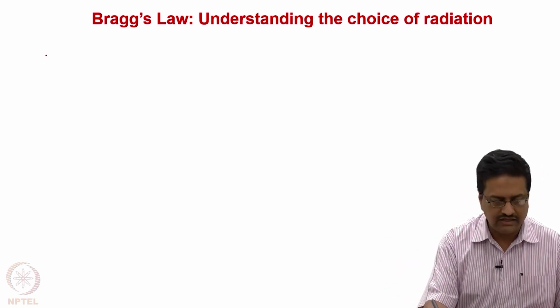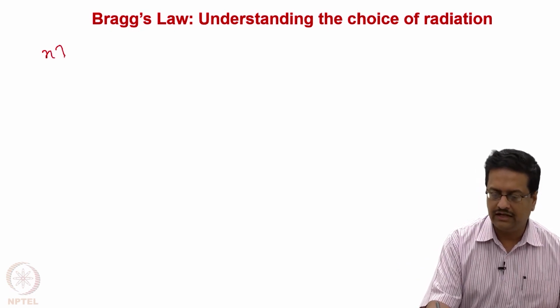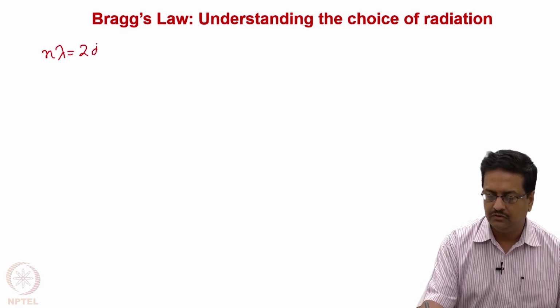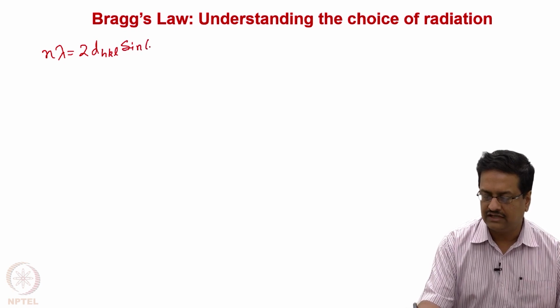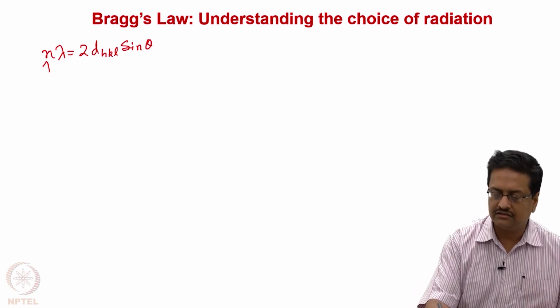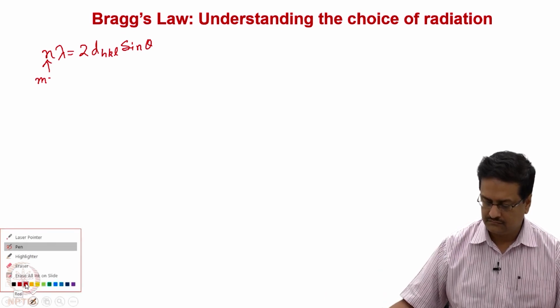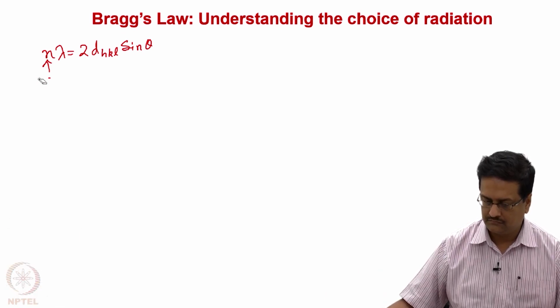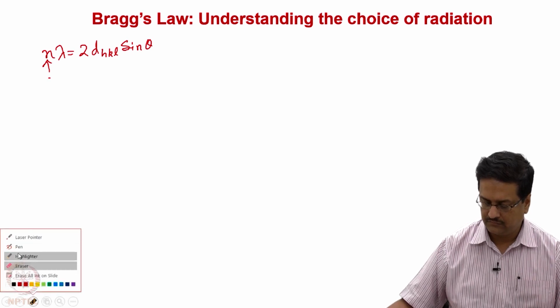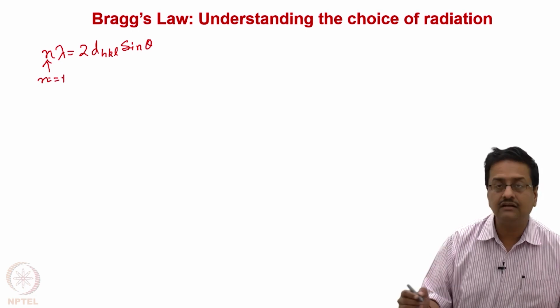As we know, we write Bragg's law as n lambda equal to 2 d hkl sin theta, and we generally write n equal to 1.